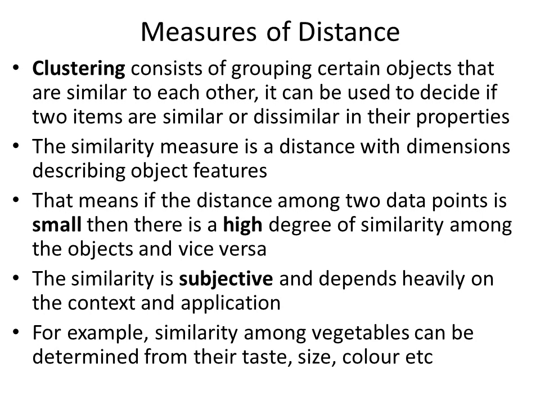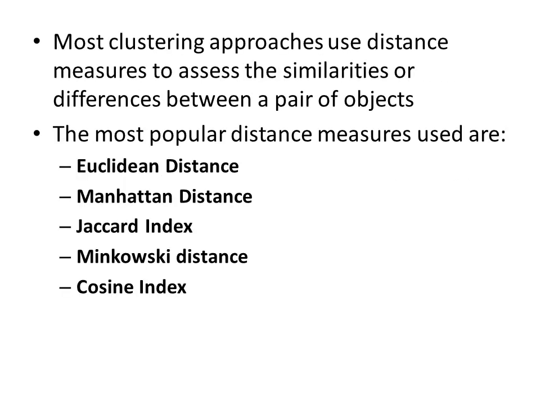The similarity is subjective and depends heavily on the context and application. For example, similarity among vegetables can be determined from their taste, size, color, etc. Most clustering approaches use distance measures to assess the similarities or differences between a pair of objects.